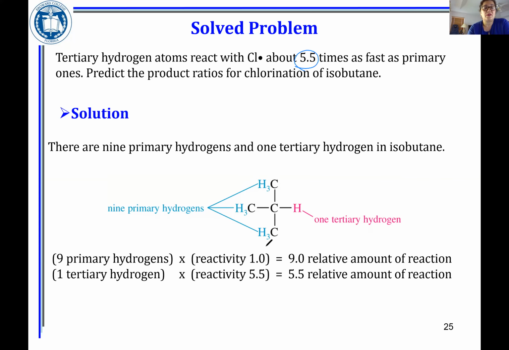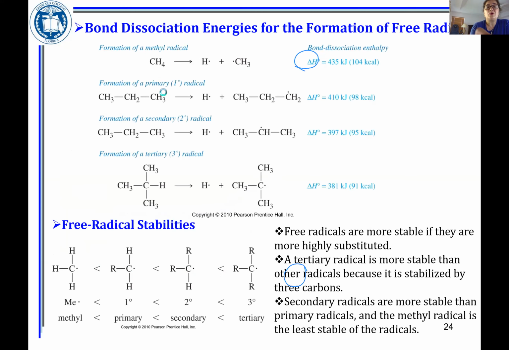So the amount of the product that you are going to get is 5.5 times per hydrogen. But didn't we say that the tertiary is going to be more stable? Yes. The tertiary free radical is more stable. Let me bring the slide back. That means removing the hydrogen is going to be easier. I'm glad you said it because I don't want you to mix these two.